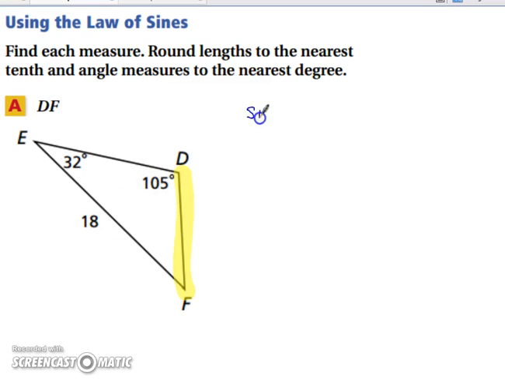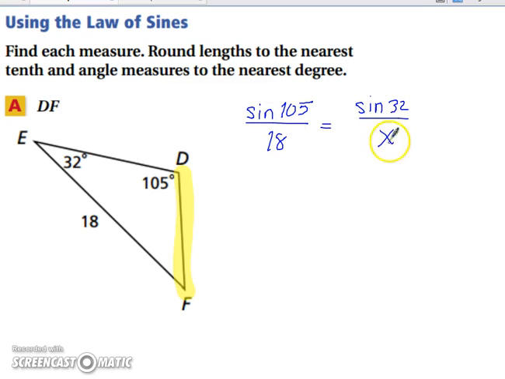So we need the sine of 105 over the side opposite of it, so that's over 18, equals the sine of 32 degrees over the side opposite of it. So now we can just simply solve for x.